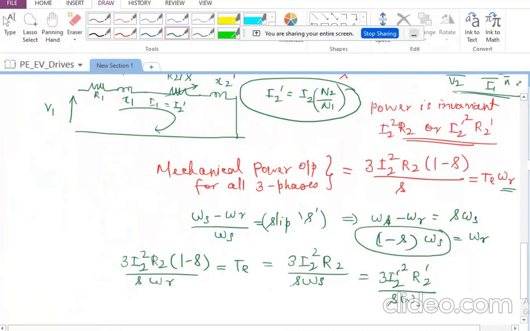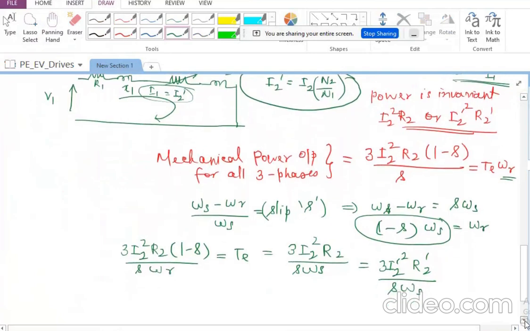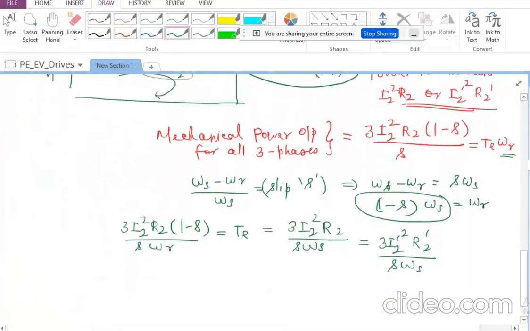It doesn't make any difference whether I write I2 square R2 or I2 dash square R2 dash, where I2 dash is the current referred to the stator side and R2 dash is the rotor resistance referred to the stator side. Now we said I2 dash and I1 are one and the same as an approximation.